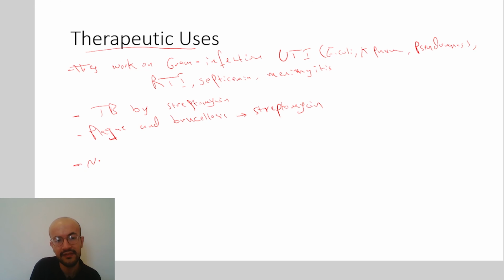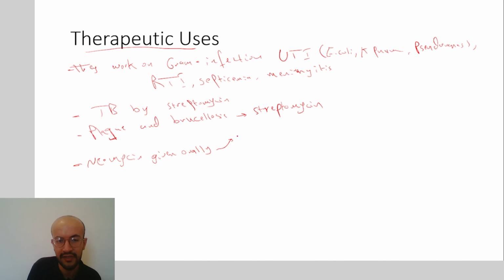We have neomycin. Neomycin is given orally. Remember that neomycin, when given orally, is not absorbed, and that's the case of all of the aminoglycosides, but it is given orally for a reason.